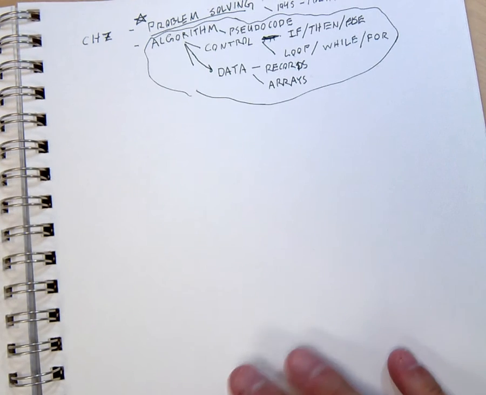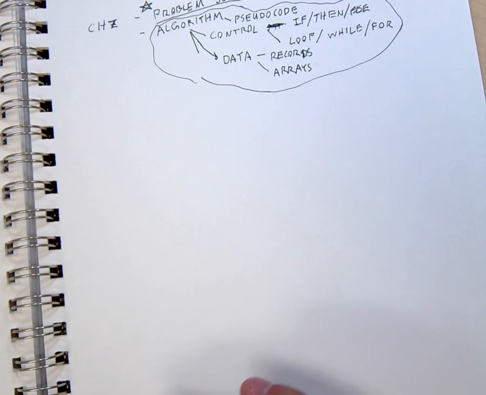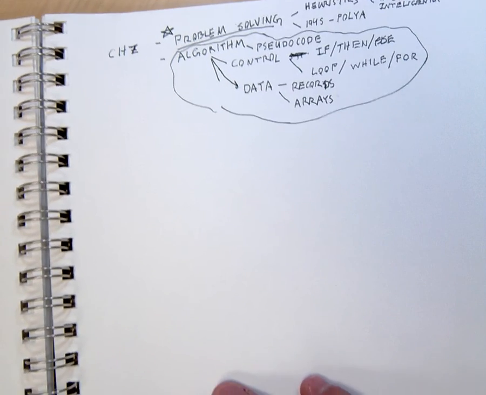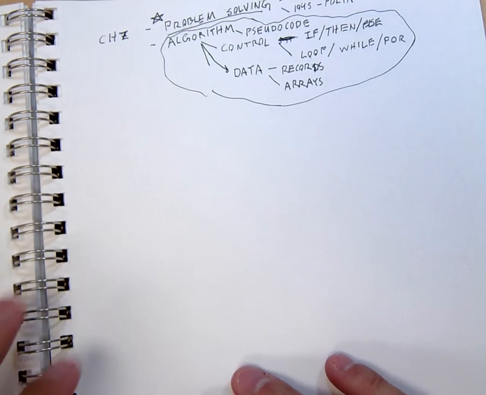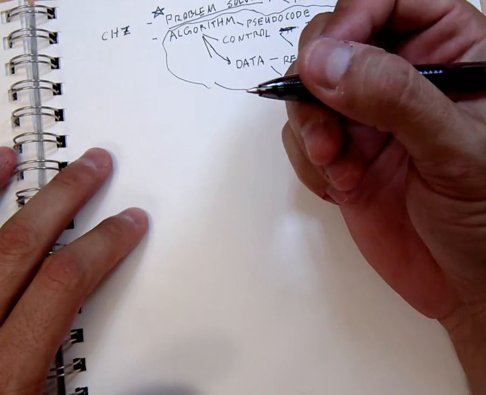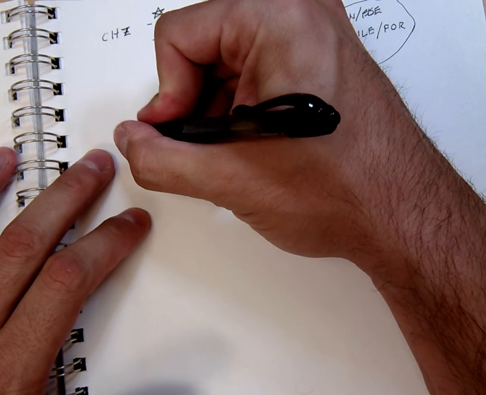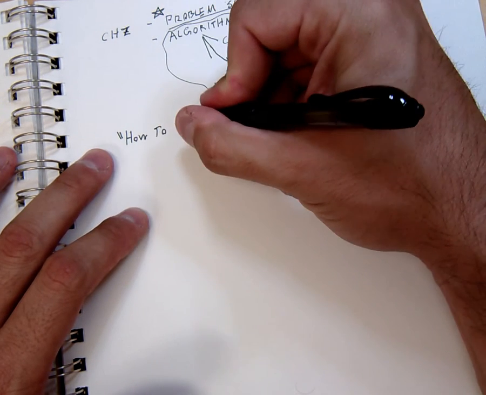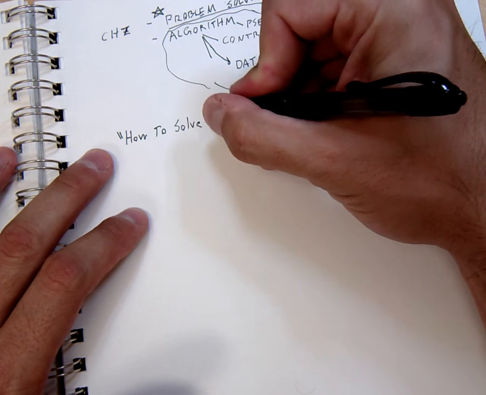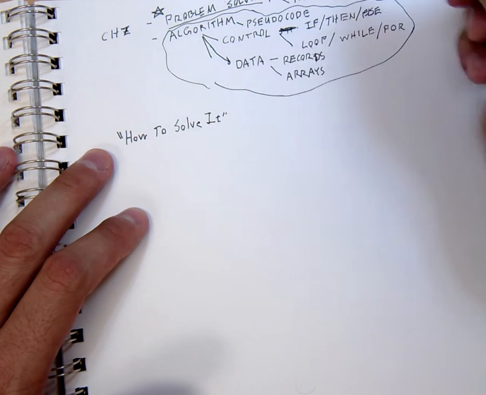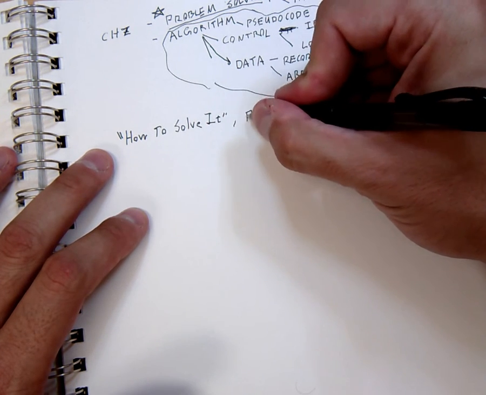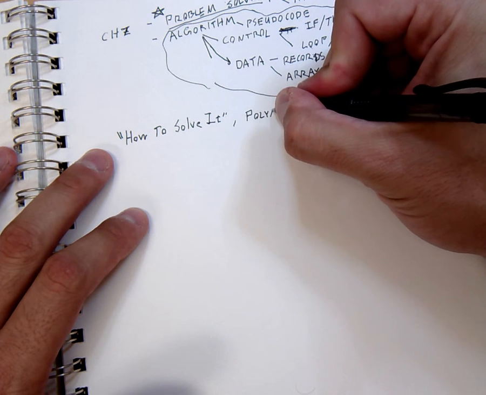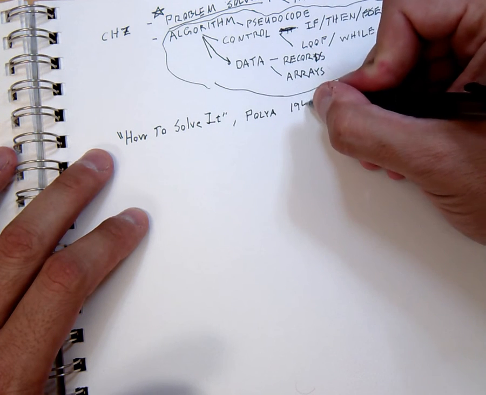So the first thing that I want to bring up is the book, which I think was How to Solve It, written by Polya in 1945.